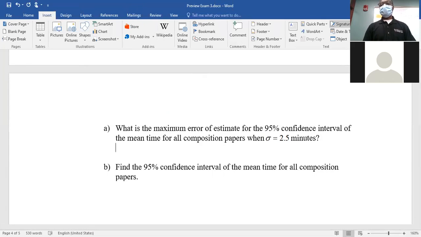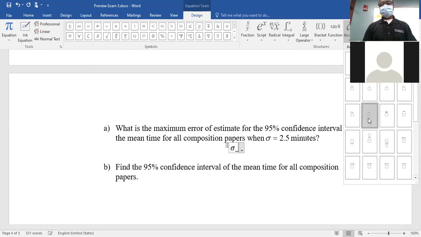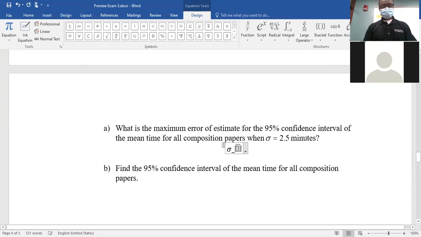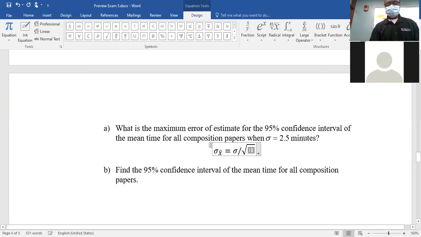The maximum error of estimate is the same as the margin of error. So it's sigma x bar equals sigma divided by square root of n.